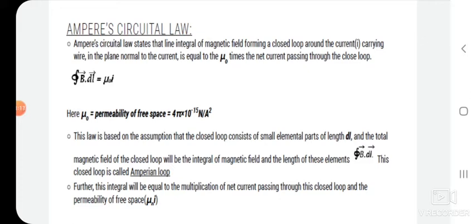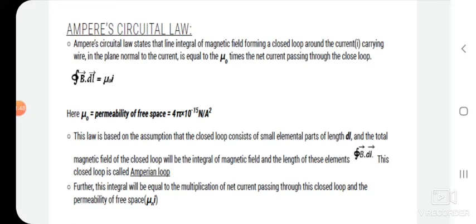Ampere circuital law states that the line integral of a magnetic field forming a closed loop around the current I carrying wire in the plane normal to the current is equal to mu naught times the net current passing throughout the closed loop.